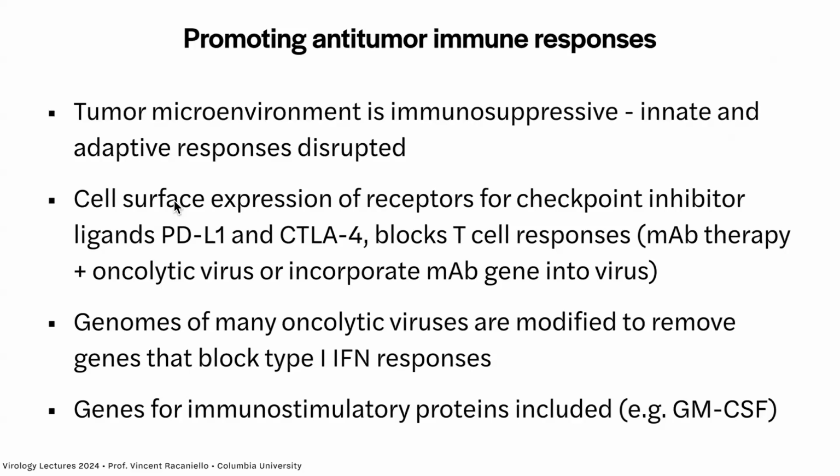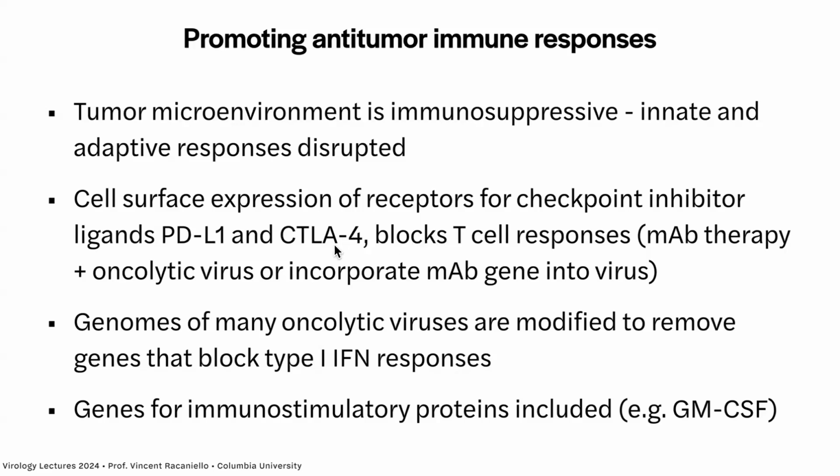For example, we can design vectors to, so in the tumor, the cell surface expression of receptors for checkpoint inhibitor ligands, PD-L1 and CTLA4 occurs, and this blocks T cell responses.